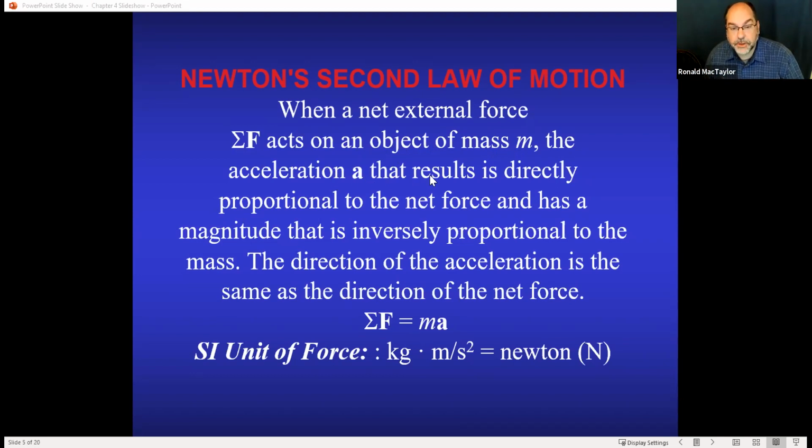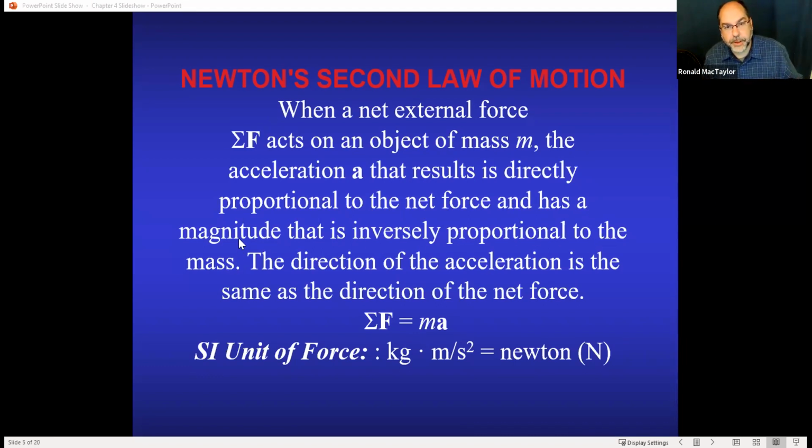And the acceleration that results is directly proportional to the net force. That makes sense, right? You push harder, it accelerates more. Conceptually that works pretty easily. And it has a magnitude that is inversely proportional to the mass.